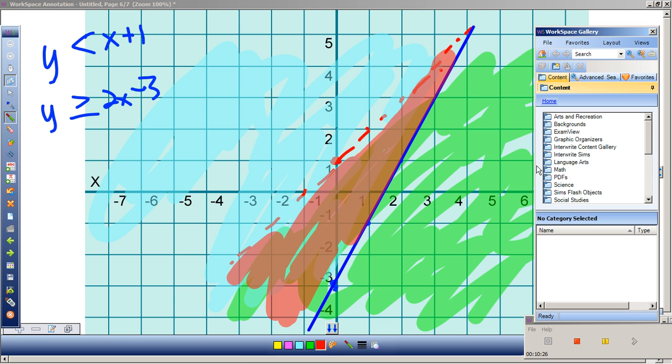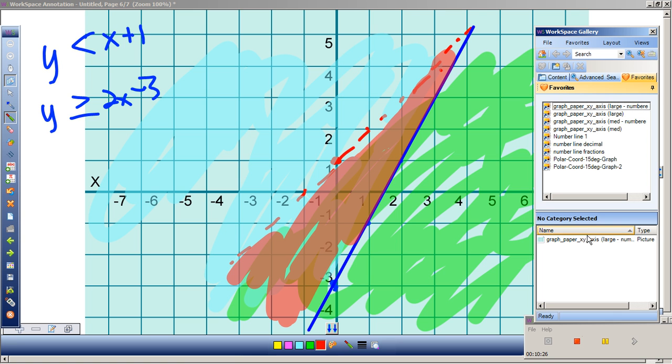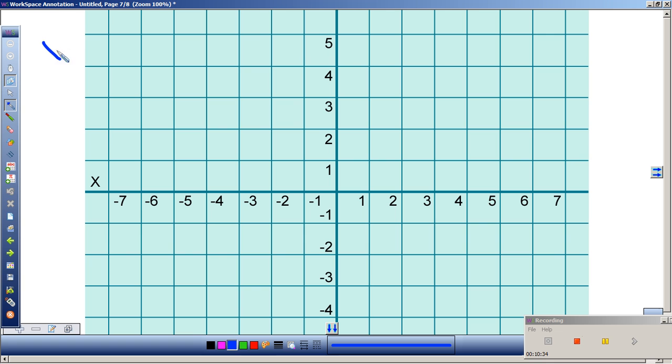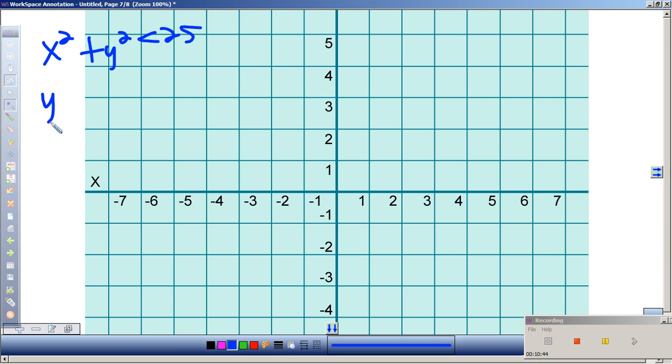So, now let's mix in some more fun ones. So let's see. x squared plus y squared is less than 25. And y is less than negative x squared.